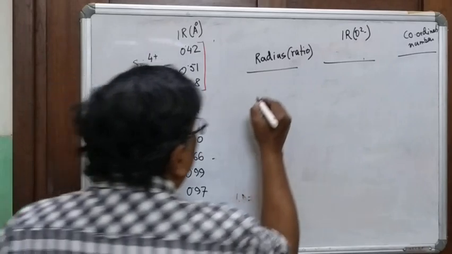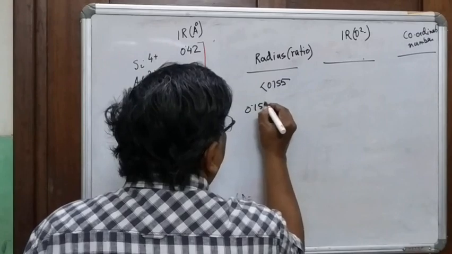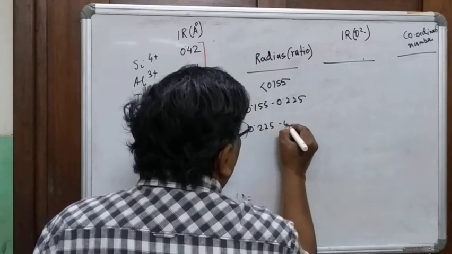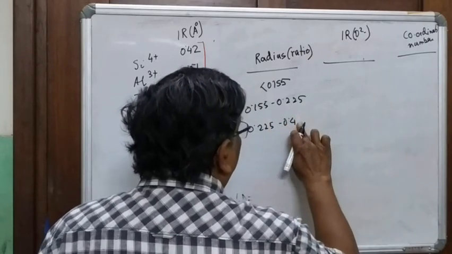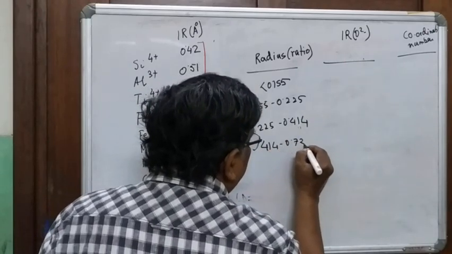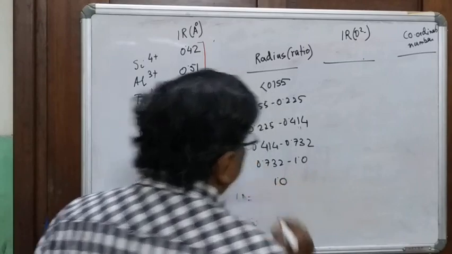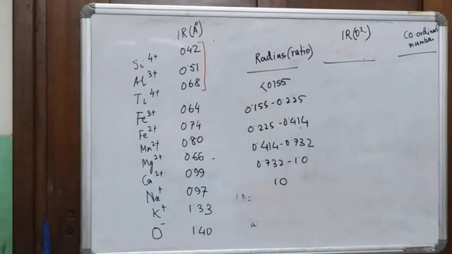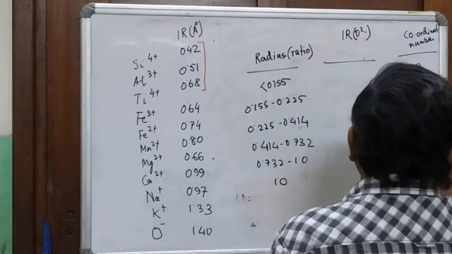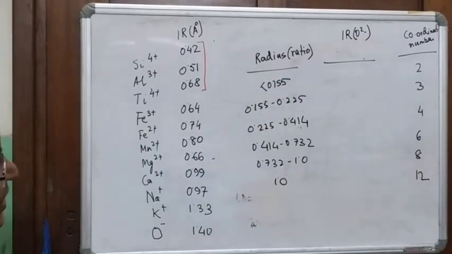The radius ratio values are 0.155 to 0.225, 0.225 to 0.414, 0.414 to 0.732, 0.732 to 1.0, and 1.0. These are the ratios that are possible, and for these, the coordination numbers are 2, 3, 4, 6, 8, and 12. These are the coordination numbers.